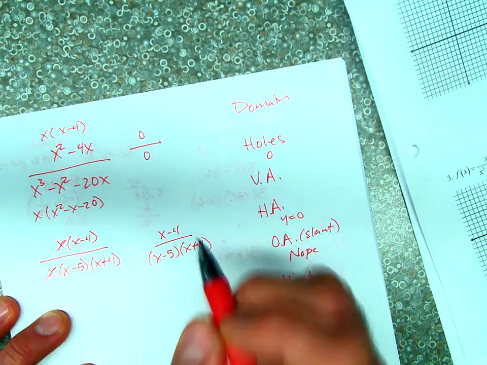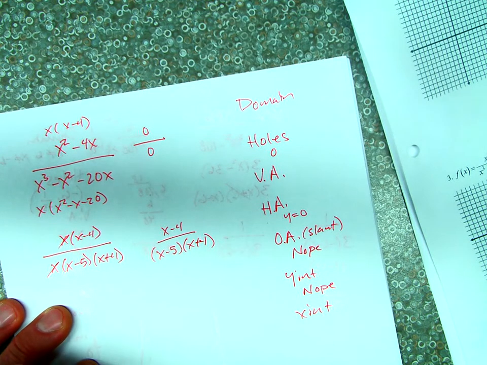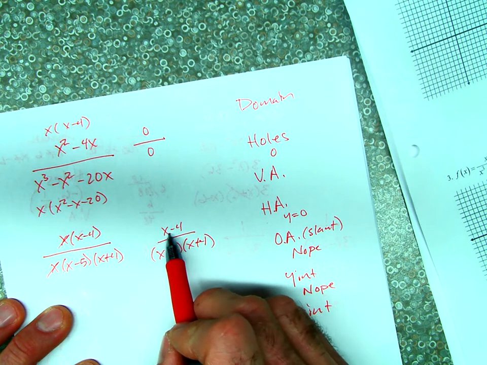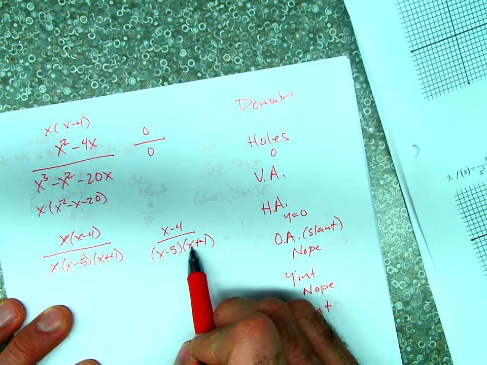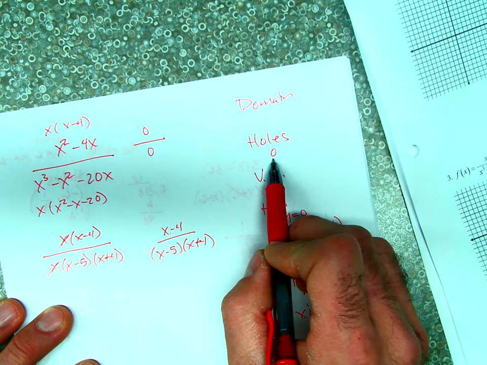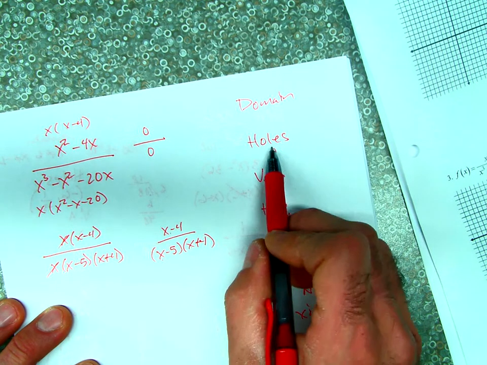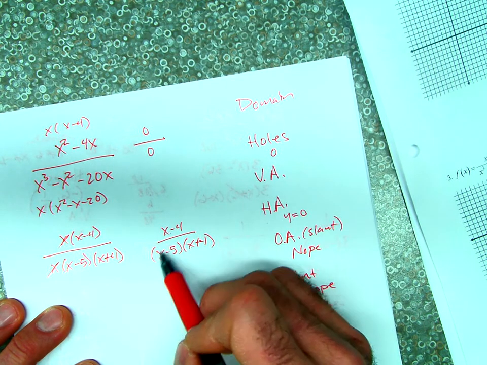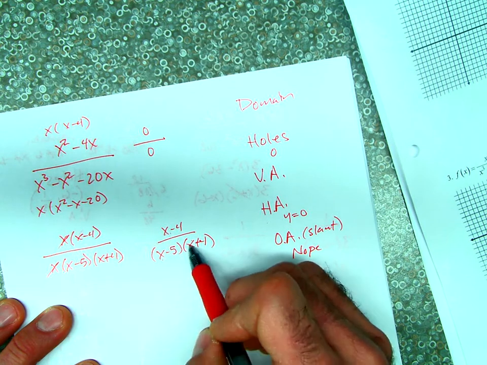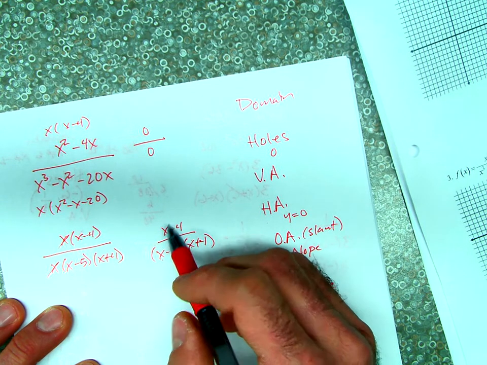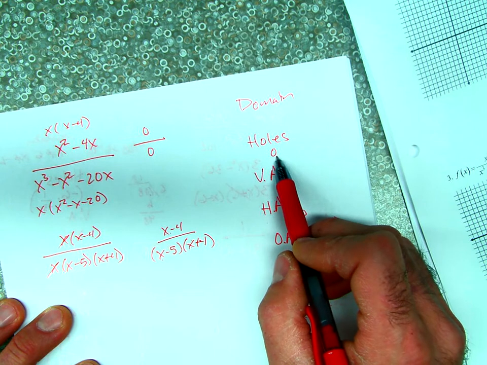How do I find the y value of the hole? I plug in the x value of the hole into the reduced form to find the y value of the hole. Does that make sense?